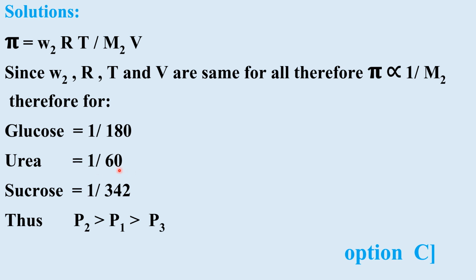Molar mass of urea is 60, formula of urea NH2CONH2. Molar mass of sucrose, C12H22O11, is 342. So in this case numerators are the same, denominators are different. The greater the value of denominator, the smaller will be the value. Thus P2 is greater than P1 is greater than P3. Therefore option C is correct.